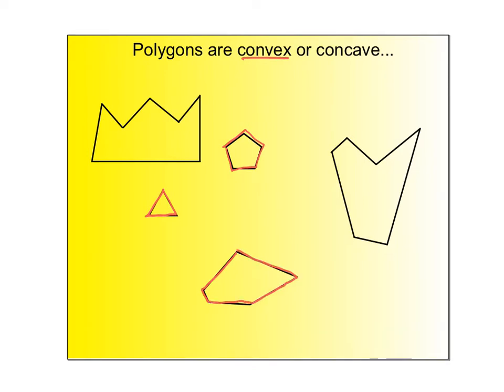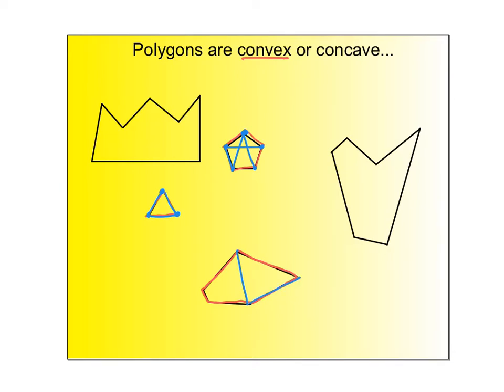Here's why they are convex: I could pick any two vertices, and the diagonal connecting them, or the segment connecting them, lands either on the edge of the polygon or inside the polygon. You can see all of those diagonals or segments, in the case of a triangle, land either inside or on the edge of the polygon.